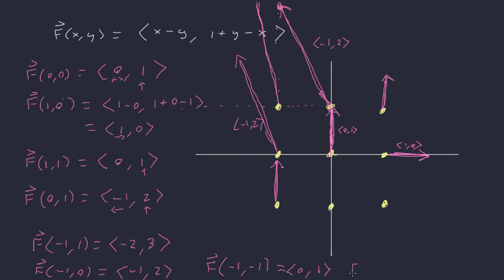And then here at f of, that will be 0, negative 1. 0 is x, negative 1 is our y. So in that first component, we should get a positive 1. And in the second component, we should get, it looks like a 0, because that will be 1 plus negative 1 minus 0.